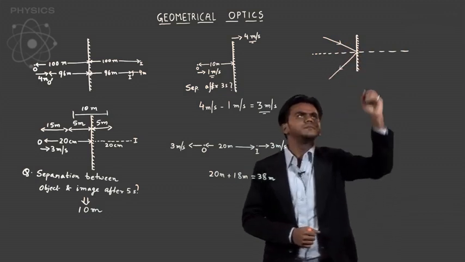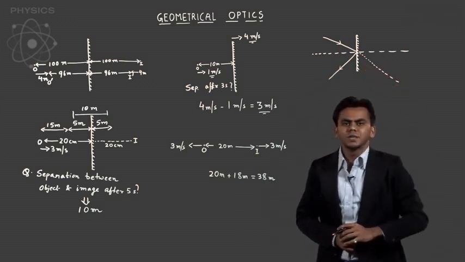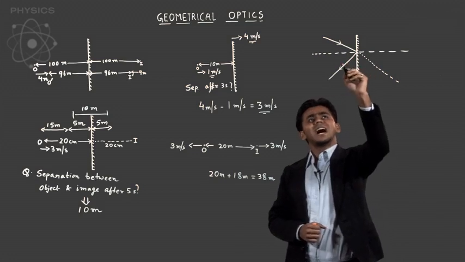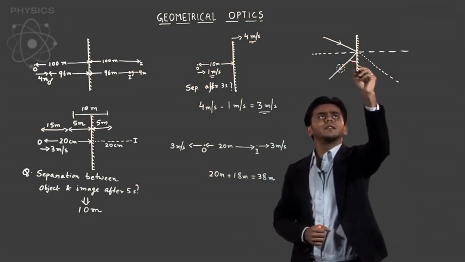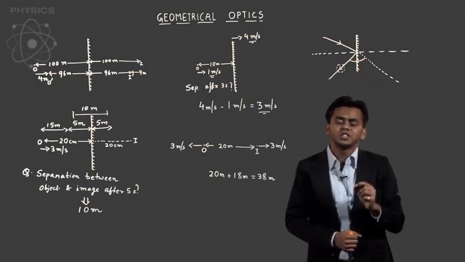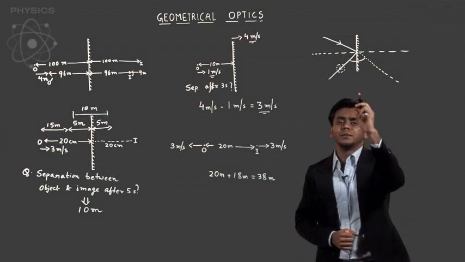If there was no mirror, I would have followed this path. But I'm following this path, which means this is my deviation. Deviation produced by a plane mirror.